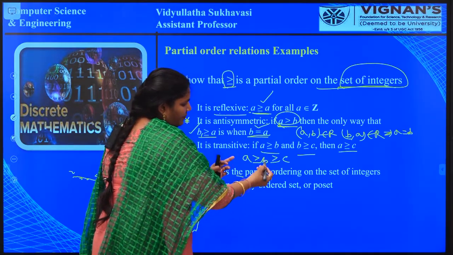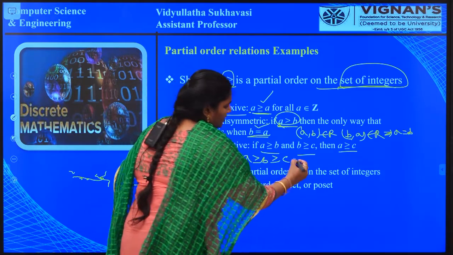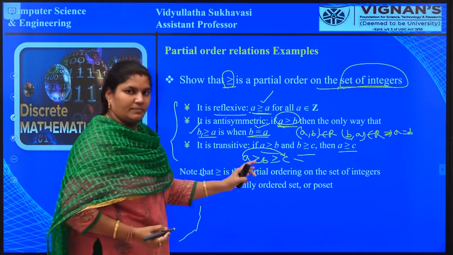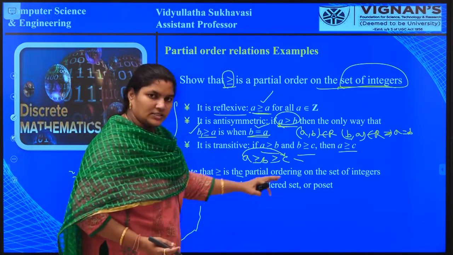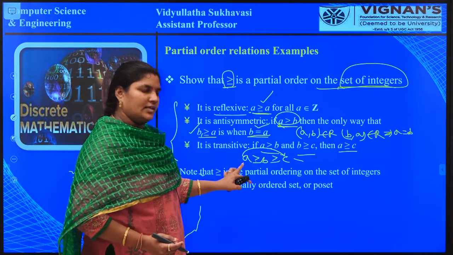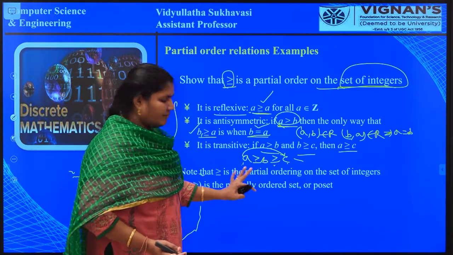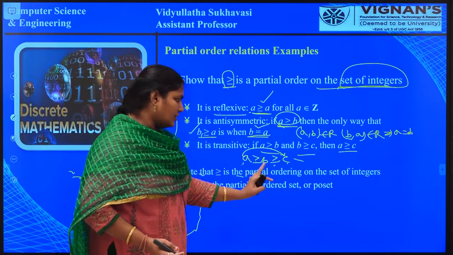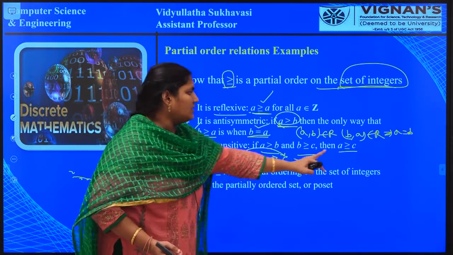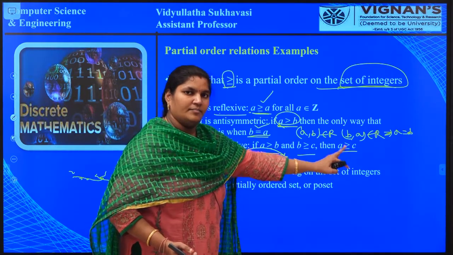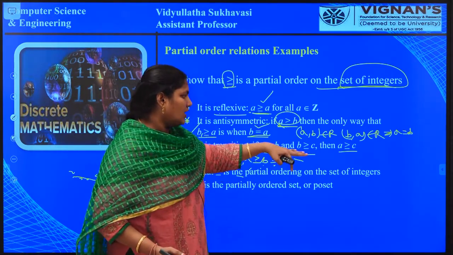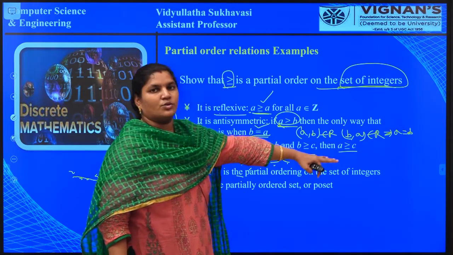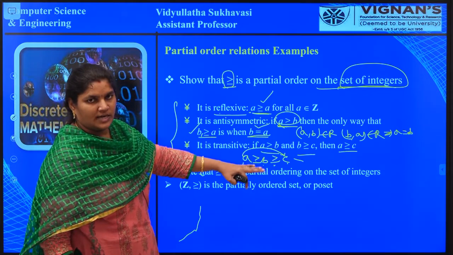A is greater than B, B is greater than C, so we can get A is greater than or equal to C, because the B value is less than A and the C value is less than A. So this condition is satisfied, A greater than or equal to C. From these two combinations we get A greater than or equal to C. That means the condition is satisfying, so we can say that the transitive property is satisfied.